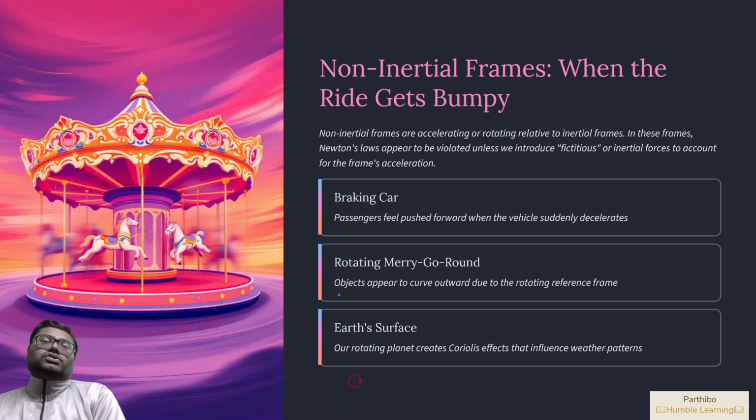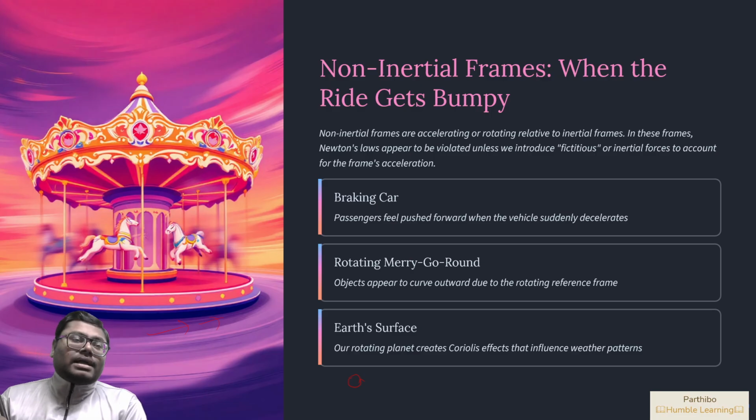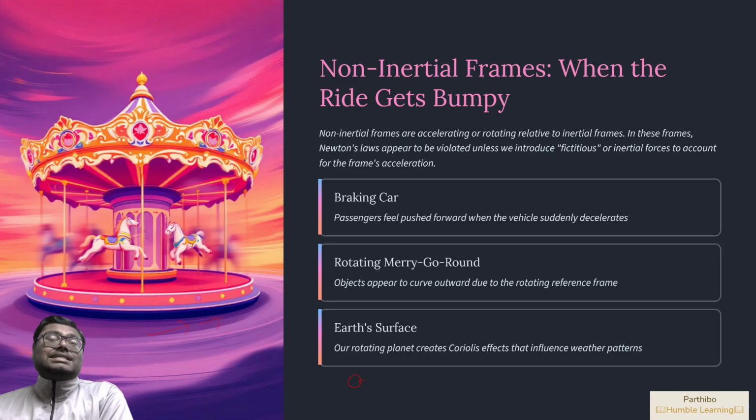So how do we define a non-inertial frame? Non-inertial frames are accelerating or rotating relative to inertial frames. In this case, this platform is the rotating frame, and the earth itself on which it is rotating can be considered as an inertial frame. So what extra thing comes due to the presence of acceleration or rotation?